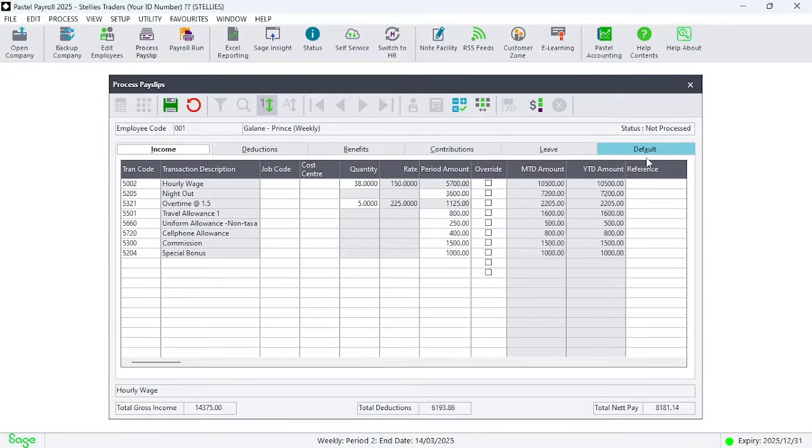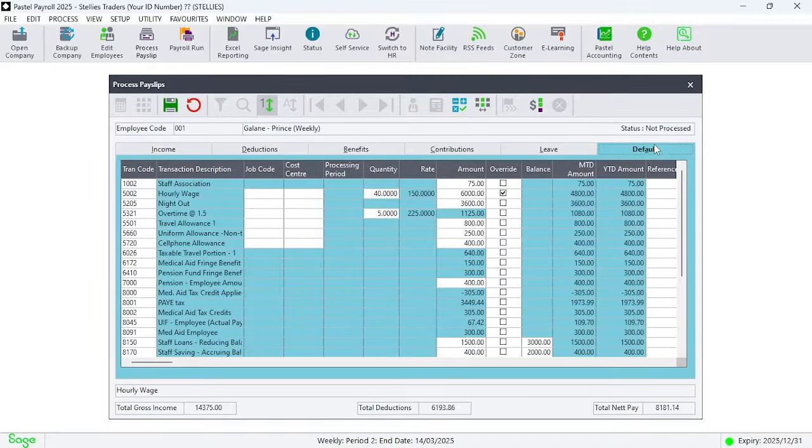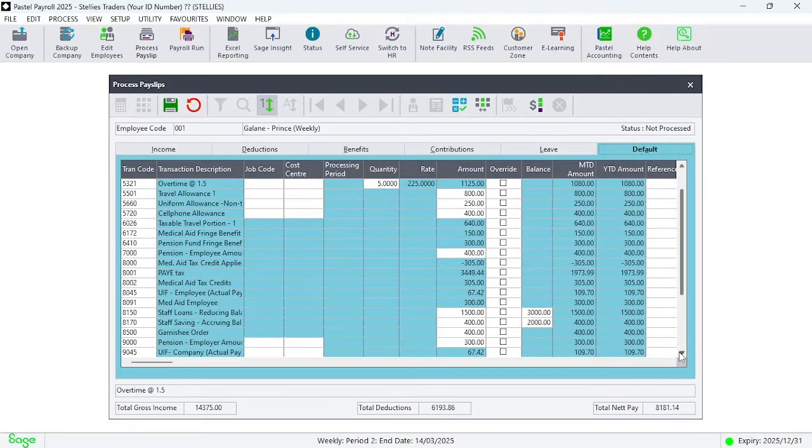Now we've got 38, we're back to here, and we're going to now look at the pension fund, which is 400 rands, and we've got now the loan, which is going to be the same, 1,500. If you recall, I mentioned to you about the staff saving.